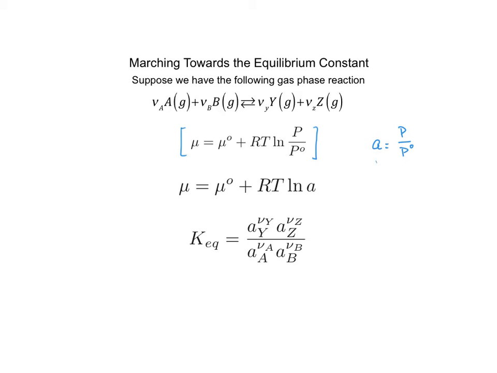A is what is known as activity. The activity is really an experimental term, and it's talking about how the reality and the ideal differ. And so we're really kind of normalizing what is actually happening.